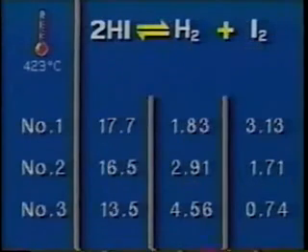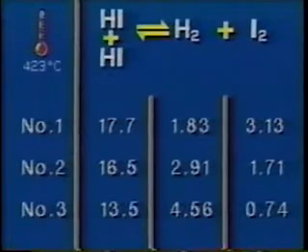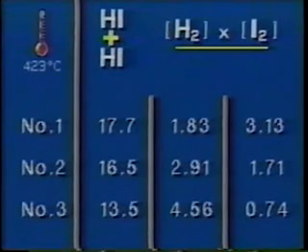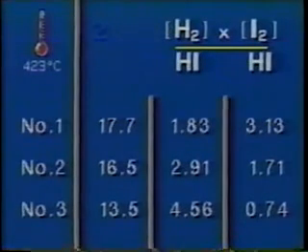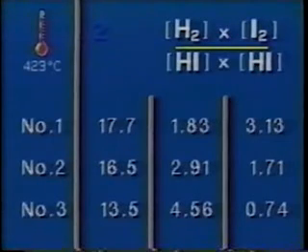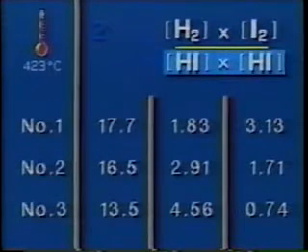But wait a second. Go back to the original equation. We've left something behind. There were 2 moles over here. We could write the equation like this. Let's redo our ratio, but using a value for each mole of reactant.